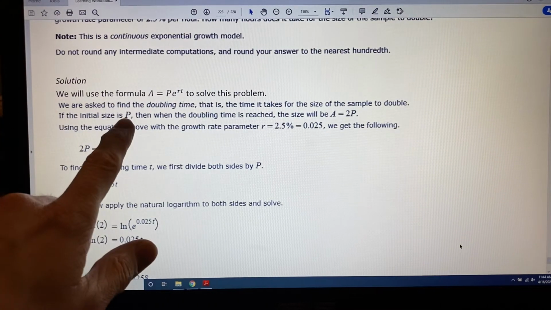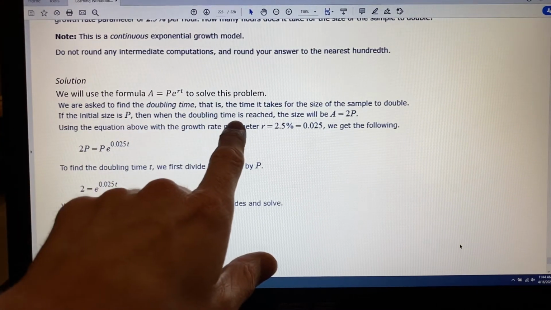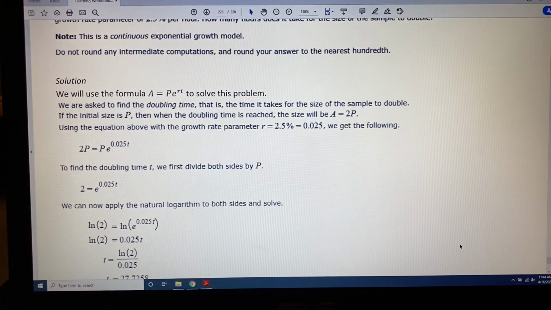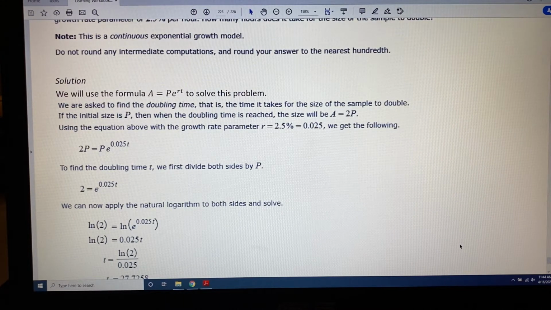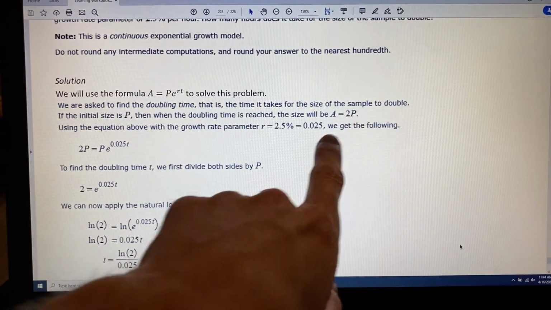If the initial size is P, then when the doubling time is reached, the size will be 2P. This makes sense if you think about it. If you start with 3, when you double it, you'll have 6. When you start with 10, when you double it, you'll have 20. When you start with 100, when you double it, you'll have 200. So if you start with P, when you double it, you'll have P times 2, which is 2P.